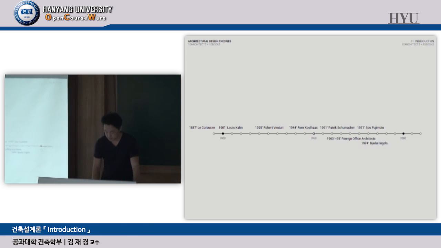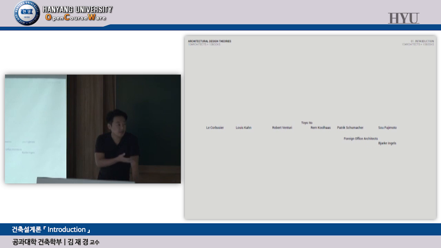Patrick Schumacher and Foreign Office Architects were born in the early 60s, so the gap between Rem Koolhaas and these guys is 16 years, the same logic, right? And Sou Fujimoto and Byarke Ingels were born in 71 and 75. I cannot believe that Byarke Ingels is only 3 years older than me. He's very young. And then Toyo Ito is the last guest.